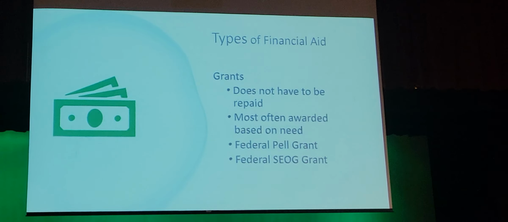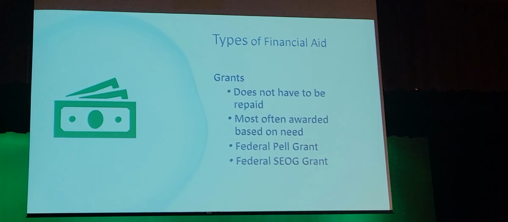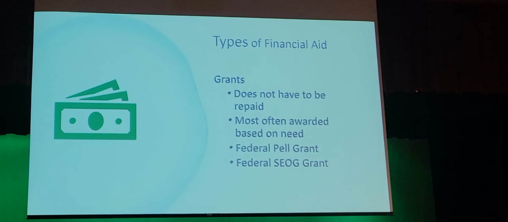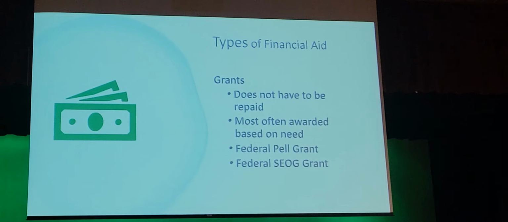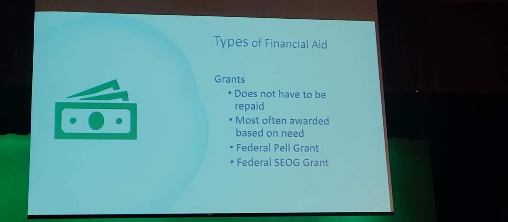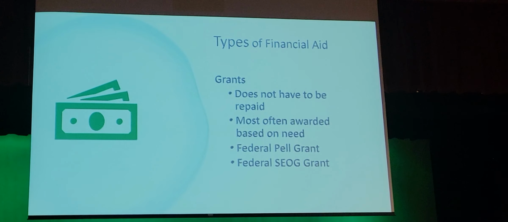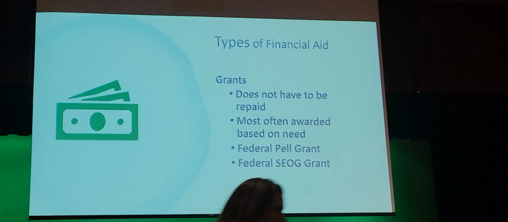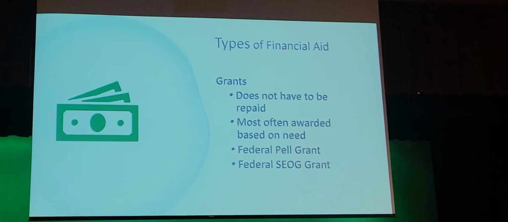Next slide, please. For the types of financial aid, the first and really important one is grants. This is money that you don't have to pay back, and it's awarded on a need basis. What I mean by that is it's based on a calculation from your financial aid information, which they call need analysis.